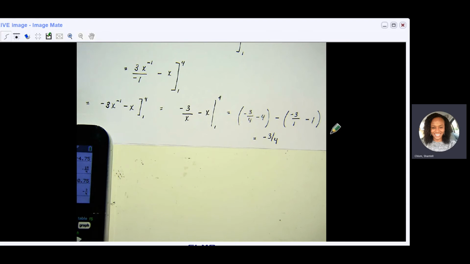Okay, here's a good one. And they can switch up the variables sometimes, but understand that that's not going to affect the answer. You're still going to work it the same.